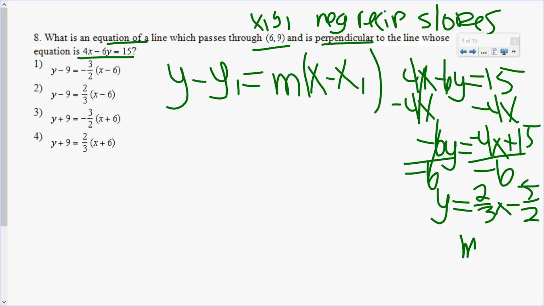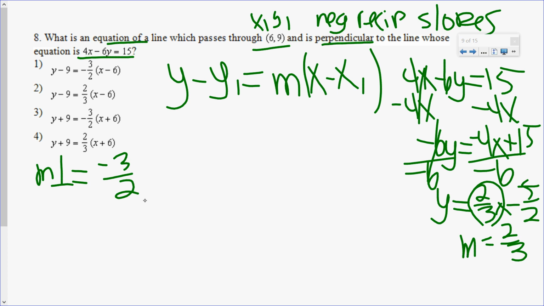So the slope of this line is 2/3. So the slope of my perpendicular line is the negative reciprocal of that, which is negative 3/2. x1, y1 is 6 and 9.